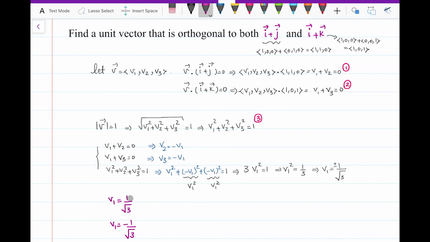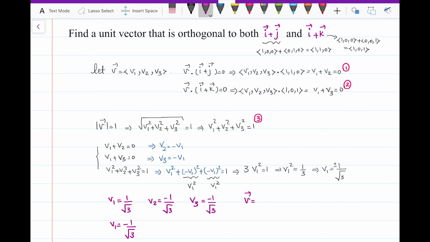Okay, so if v1 is 1 over root 3, then v2 is the negative of v1. So v2 would be negative of that. And v3, based on this equation, is negative of this. Okay?